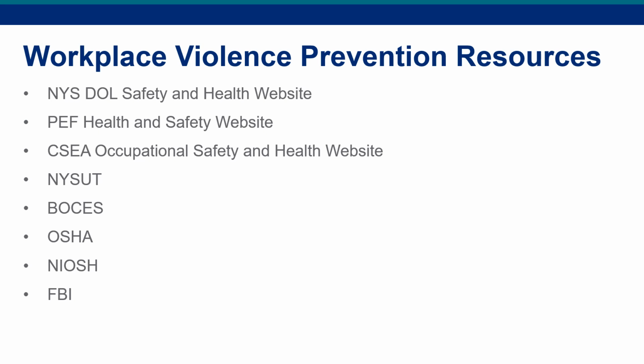Some workplace violence prevention resources include the New York State Department of Labor Safety and Health website, the PESH Health and Safety website, CSEA Occupational Safety and Health website, as well as NYSUT, BOCES, OSHA, NIOSH, and the FBI.